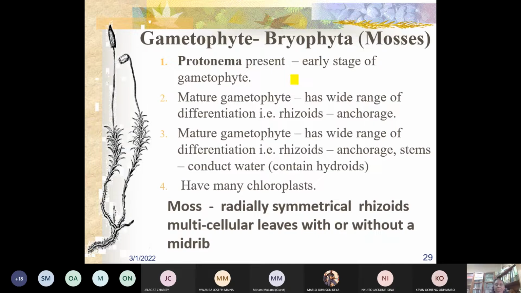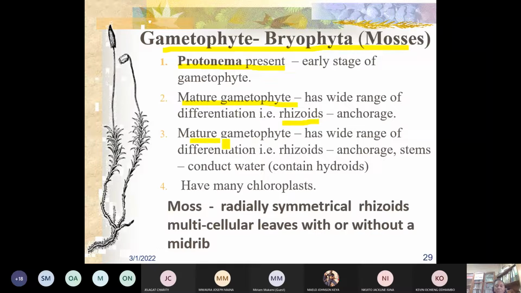So now looking at the gametophyte properly, we've already talked about the two, the protonema and the mature gametophyte. So the protonema we've seen is the filamentous early stages, filamentous structure. Then we get the mature gametophyte. Now this has differentiation. So you can see it has rhizoids. Now the rhizoids are for anchorage.